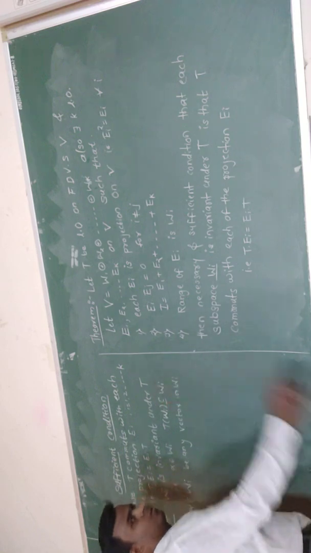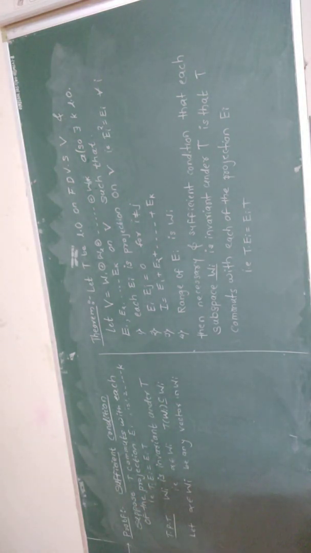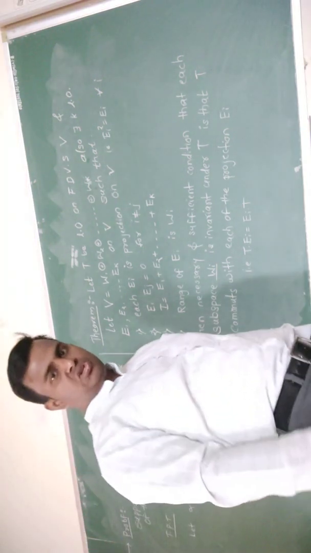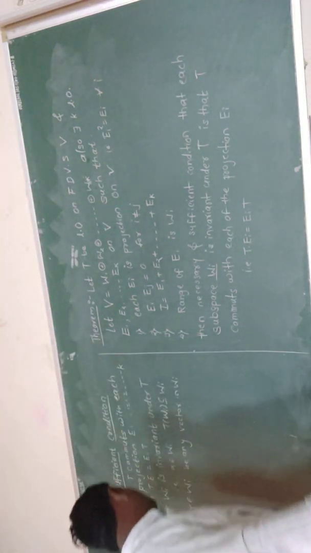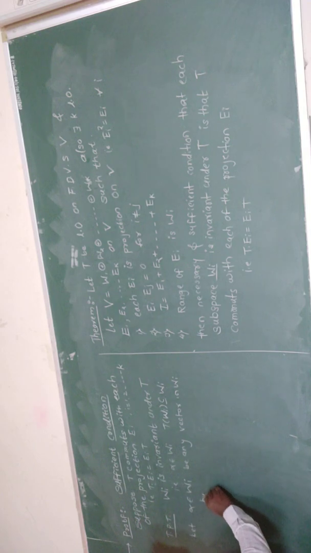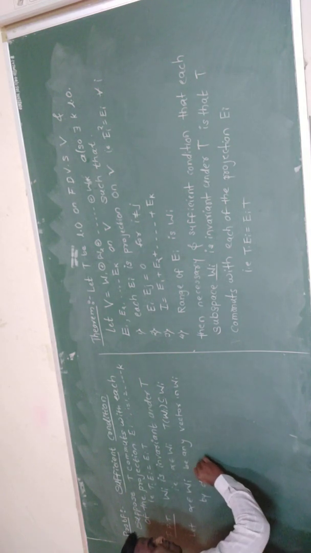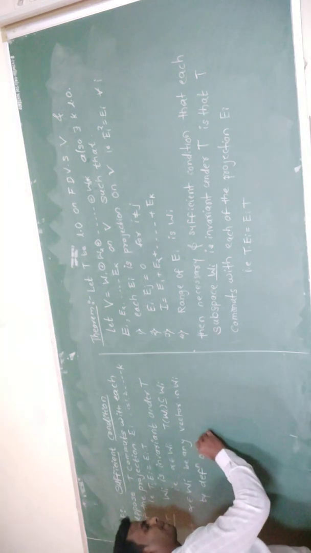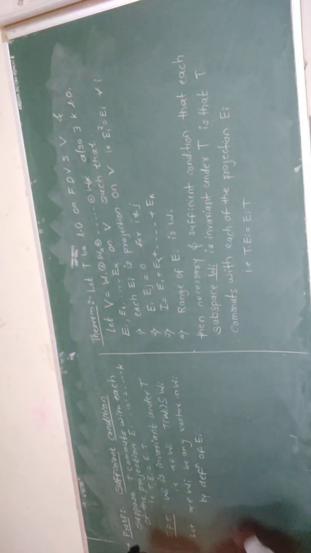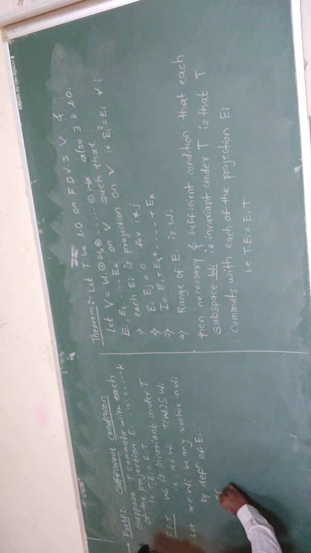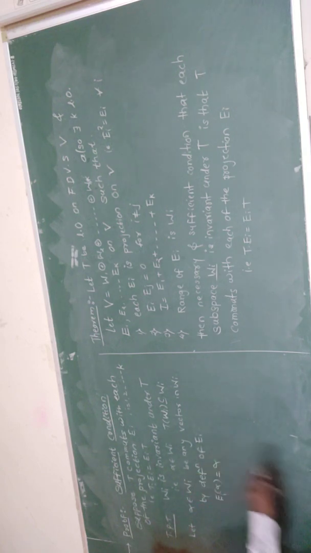Then by the definition of Ei, which we saw in the previous theorem, Ei of alpha is equal to alpha.